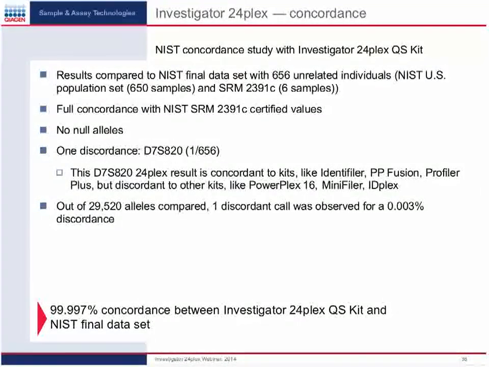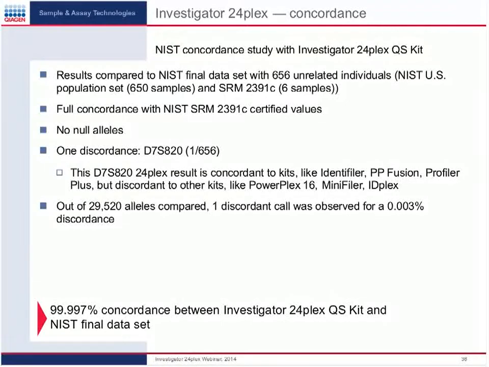It showed that we have full concordance with the NIST SRM 2391c certified values. We have no null alleles, but we had one discordance regarding the marker D7. It was one sample out of these 656 samples.